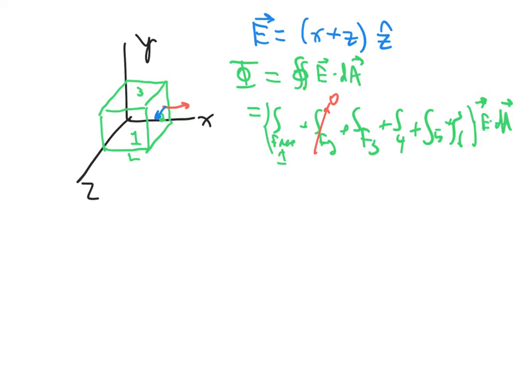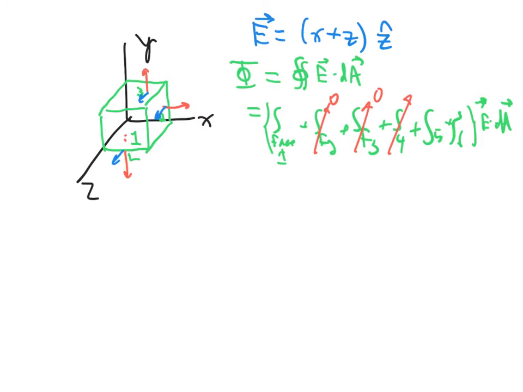And likewise, for face 3, the normal points in the y direction, but the field is in the z direction, and so it's also going to be 0. For face 4, the normal would be pointing down, but the electric field is in the z direction. Those are perpendicular, so that also goes to 0.